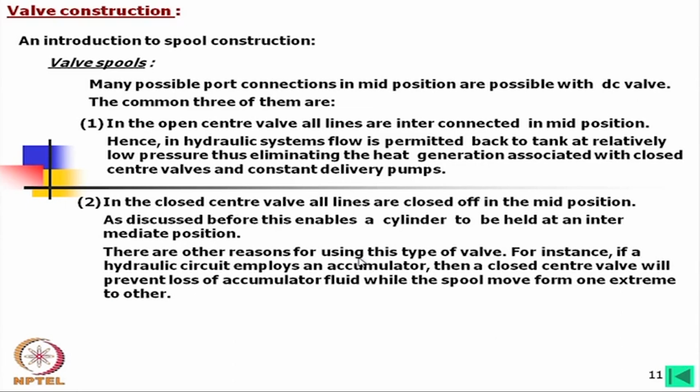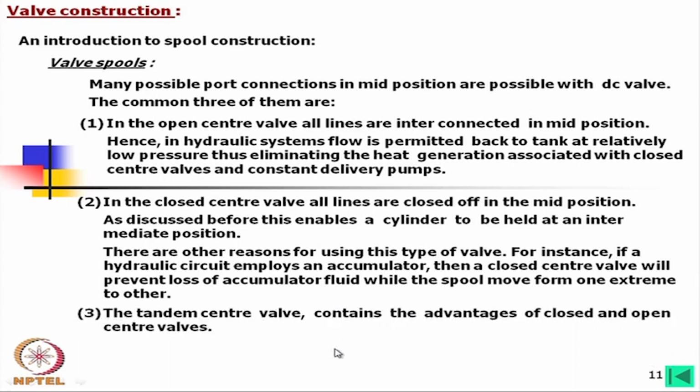There are other reasons for using this type of valve. For instance, if a hydraulic circuit employs an accumulator, then a closed center valve will prevent loss of accumulator fluid while the spool moves from one extreme to the other. The tandem center valve contains the advantages of closed and open center valves.